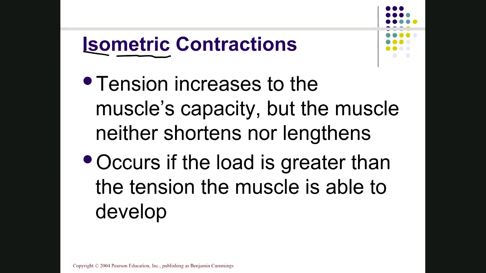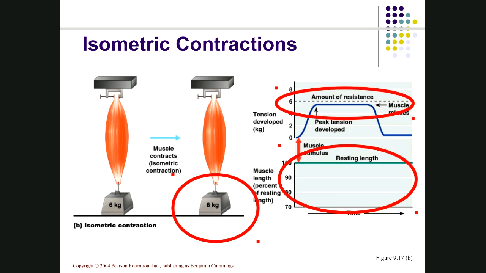And so when we look at it, here's a situation. So here's a muscle that we dissected out. This is probably like a frog calf muscle, the gastrocnemius. And look, we put a weight on it, and this weight weighs 6 kilograms. Well, there is no way, no matter how hard, this frog calf muscle can lift 6 kilograms, but that doesn't mean it won't contract.